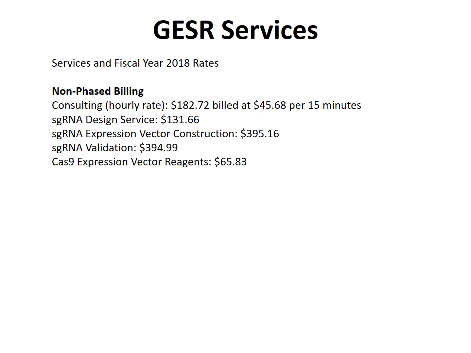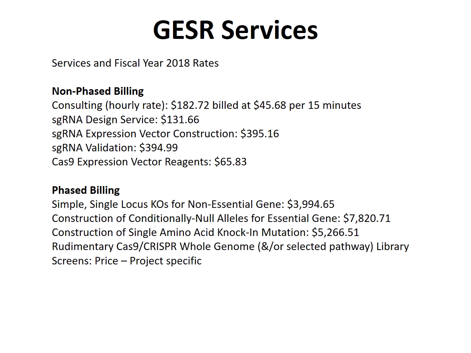And so the GESR offers many services for making any of your reagents or doing cell lines for your projects. This includes non-phase billing, including consulting hours and rates, guide RNA design service, expression vector construction, guide RNA validation, and Cas9 expression vector reagents. We also have phase billing, which includes the bigger projects like making the cell line.